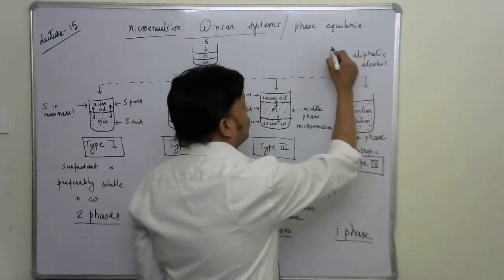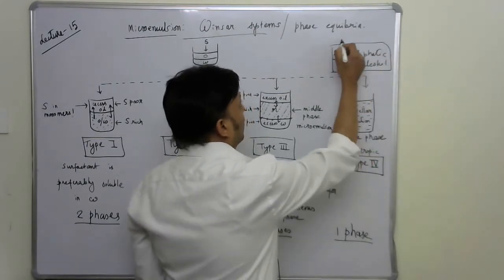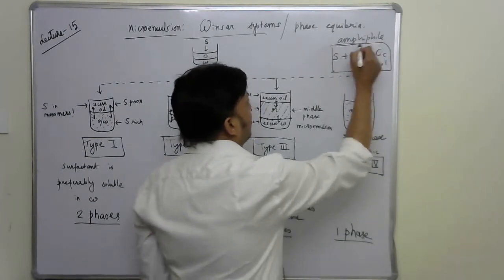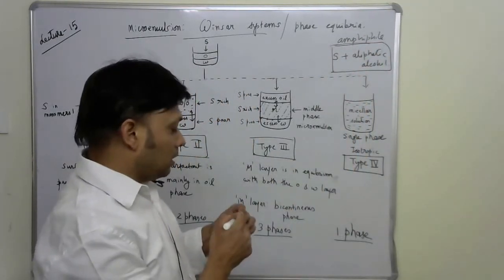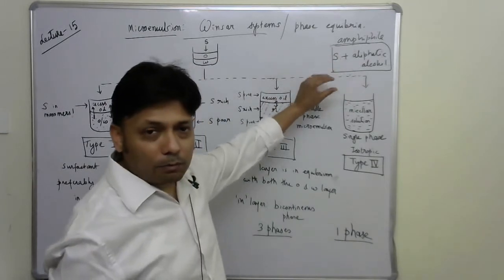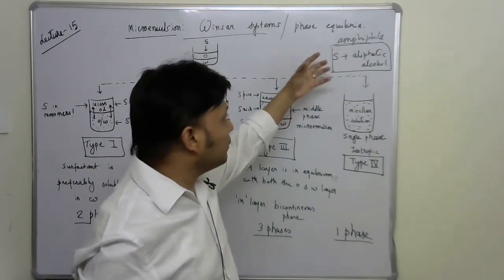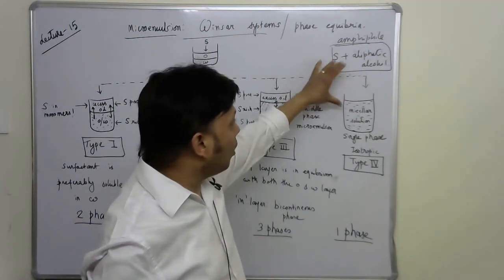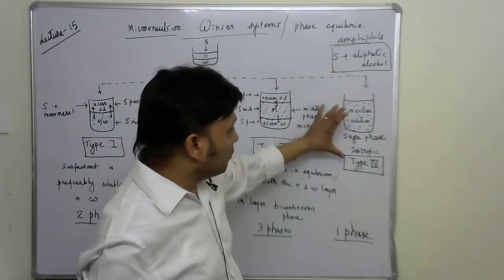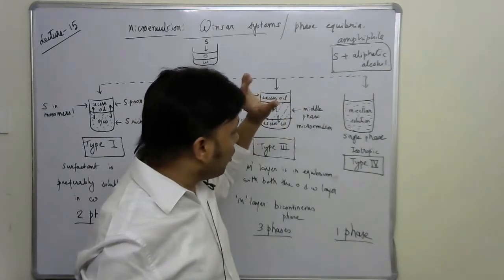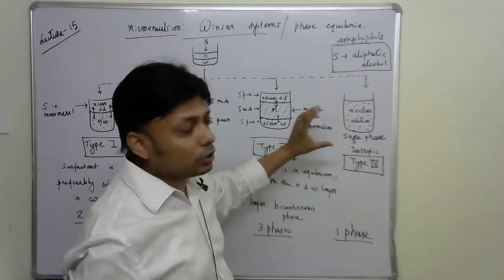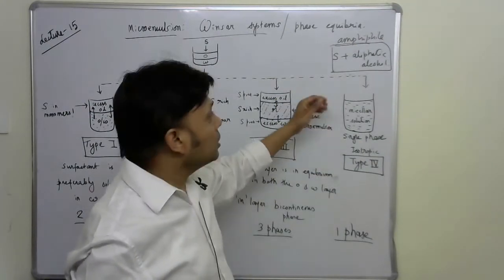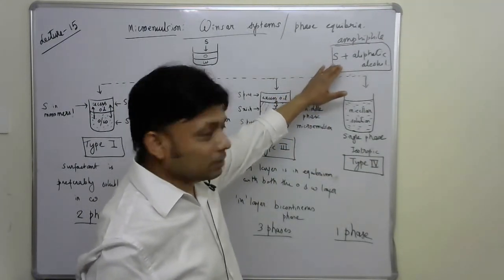Alright, so together it forms the amphiphile. So we have to have a sufficient concentration of amphiphile, that means surfactants, if it is an ionic surfactant then SDS, and some aliphatic alcohol, and only then is this formed. So for the type 4 Windsor system to occur, we have to fulfill certain conditions. So the conditions are these.